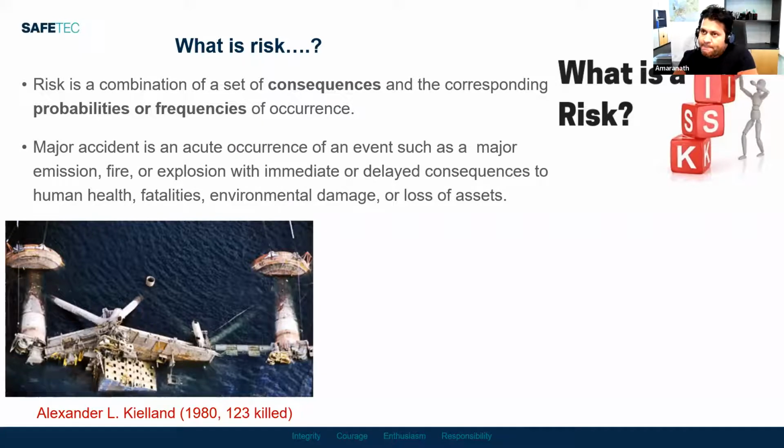Normally we have accidents due to fire and explosion in offshore installations, but this was completely different. The platform collapsed within a few minutes due to a fatigue failure on one of the legs, caused by the sea currents and sea waves.